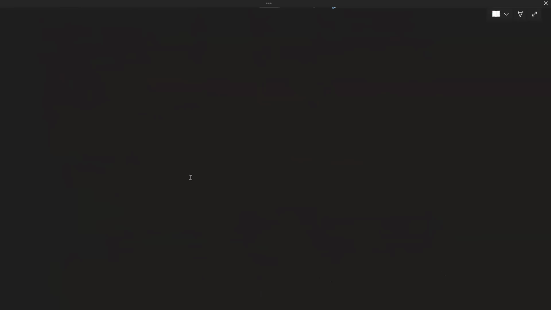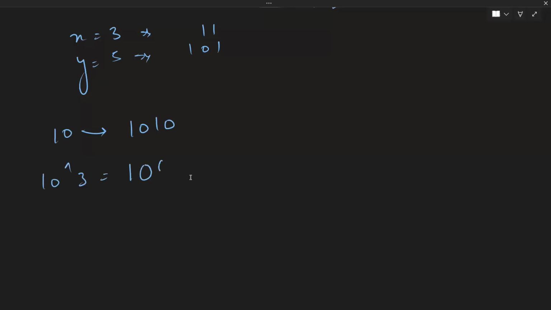Okay, let's take an example. See, your x is, let's say, 3. In binary, this can be written as 1 1. And let's say your y is 5. So if I take XOR with, let's say, 10, whose binary is 1 0 1 0, 10 XOR 3 will give me 1 0 0 1.